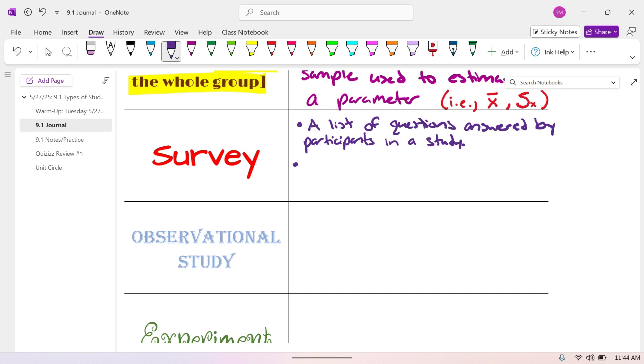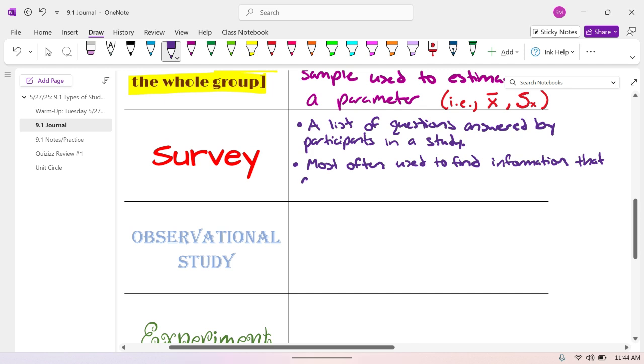Most often used to find information that cannot be easily observed.